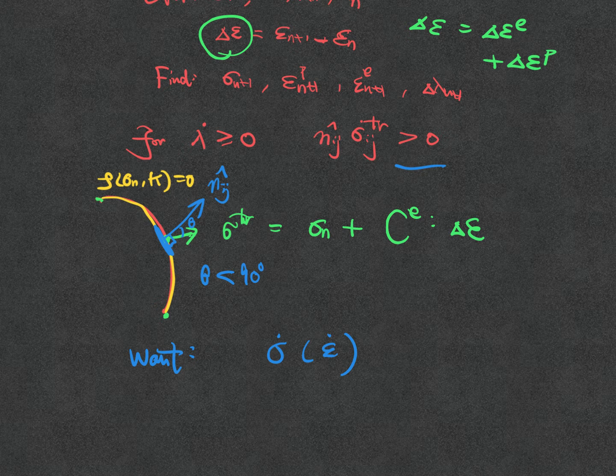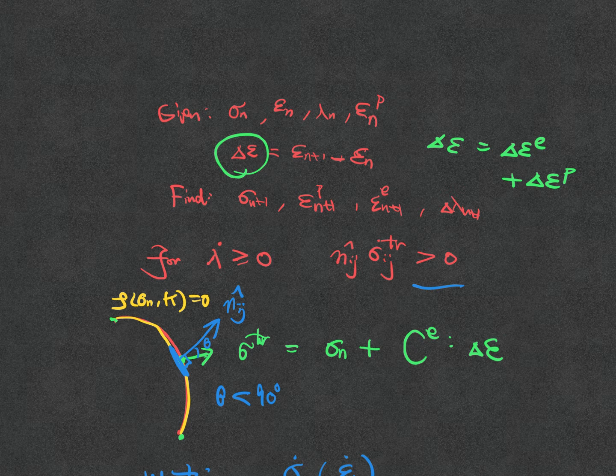Because I don't want to write it as elastic strain, because I'm only given the change of it, and then I know the total strain, and then I want to use my knowledge to do some algebra. What we would be able to get is something called the elastoplastic tensor or tangent operator. Sometimes people just call it the tangent.